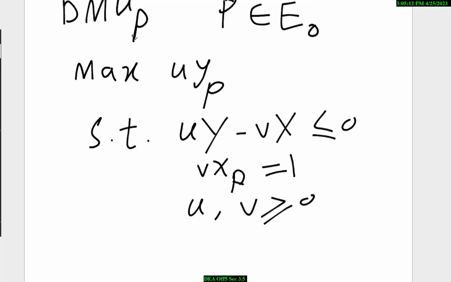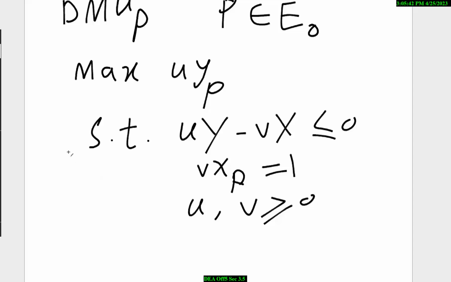So we should prove for each. We use different notation for this. There's no difference if we say DMU J belongs to E O or DMU P belongs to E O. For every P in E O, we prove that DMU P is efficient.